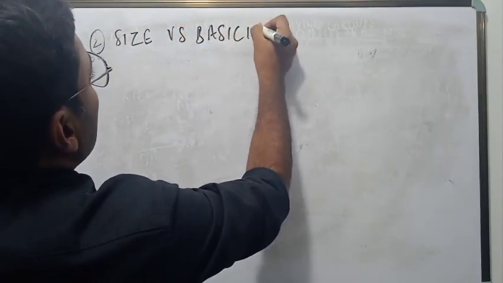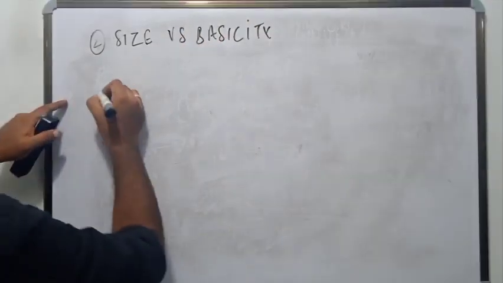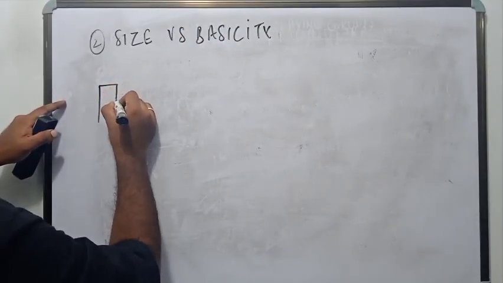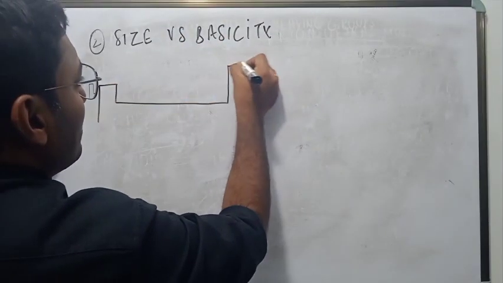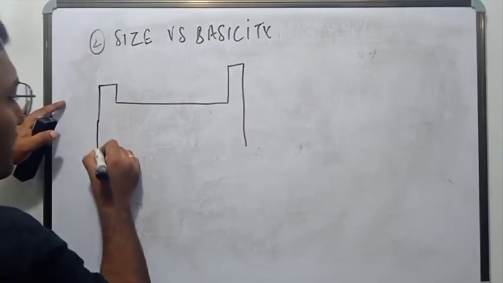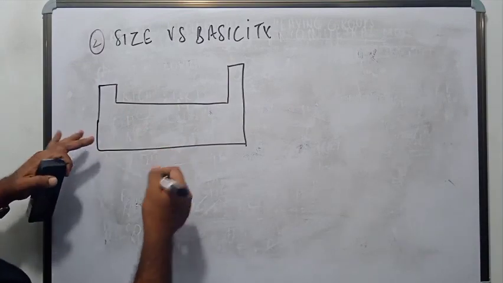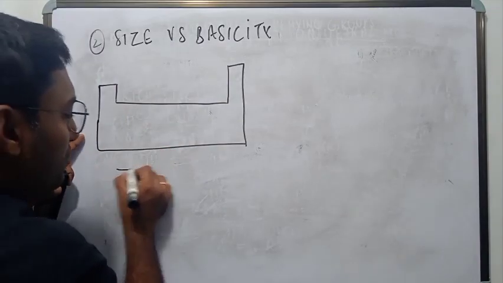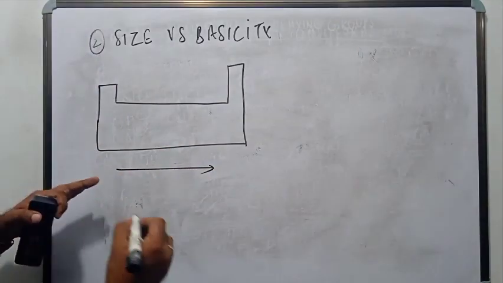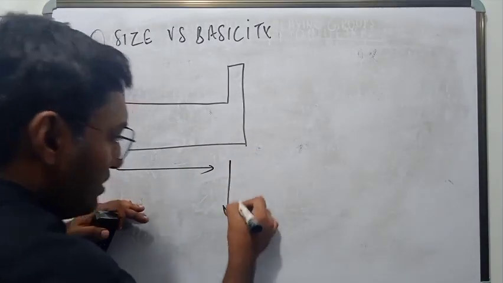So this is the periodic table. It looks like this. It is seen that as you go from left to right, and from top to bottom, the size increases.